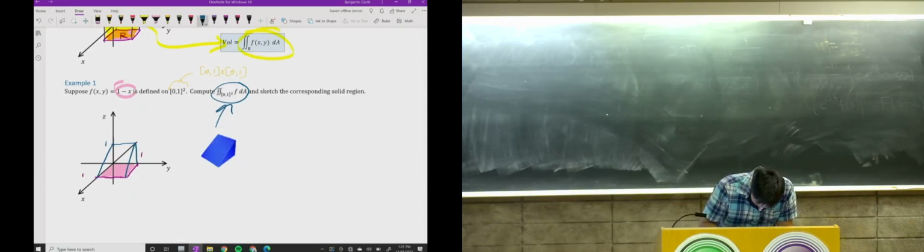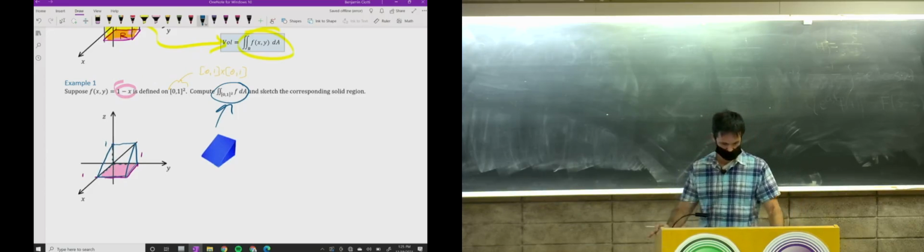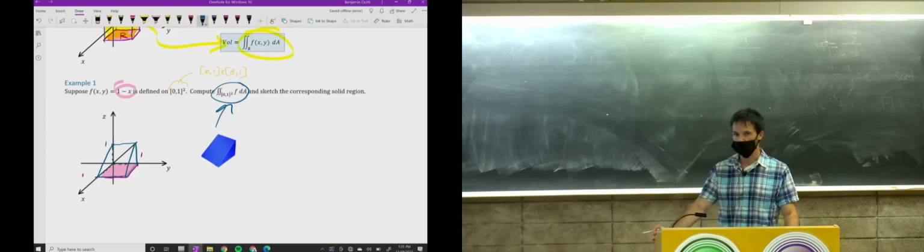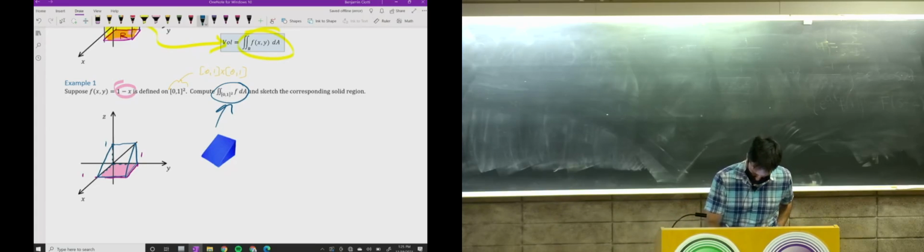It's this wedge right here. And to find its volume, you know what? Here's a useful formula, which we're actually going to prove, I think, next section.